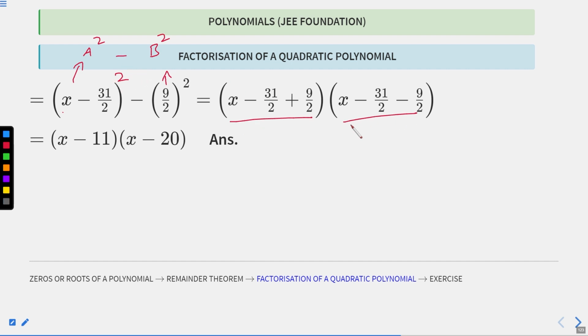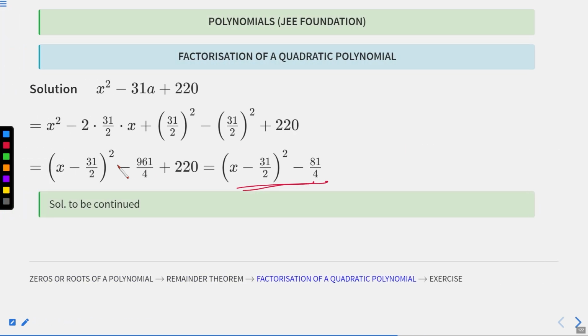So just using this identity, you will factorize the quadratic polynomial into the product of two polynomials. I hope you are getting clear at every step. So we did nothing, just added and subtracted half of the coefficient of x.